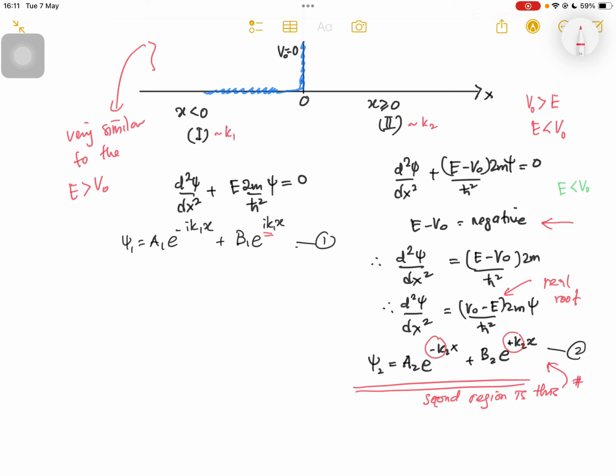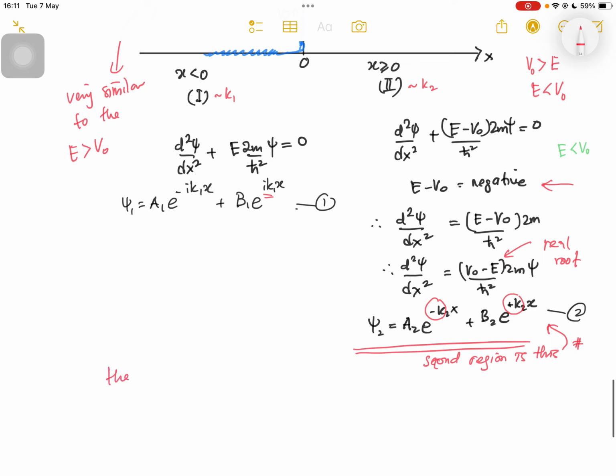And then you can apply the continuity equations to solve, but that will be later.